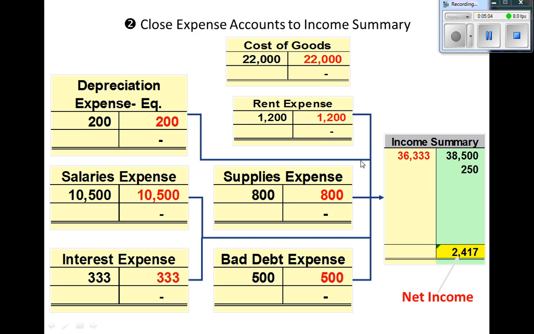So again, by doing this, all of the balances after the closing process for our temporary accounts will be zero. That means they're ready to go for next year. And we will then debit income summary for the total of our temporary account balances. And now income summary has a credit balance of 2417, and that represents net income for the period.